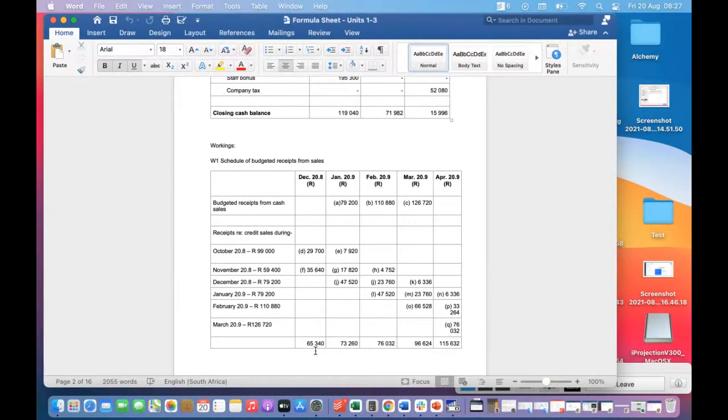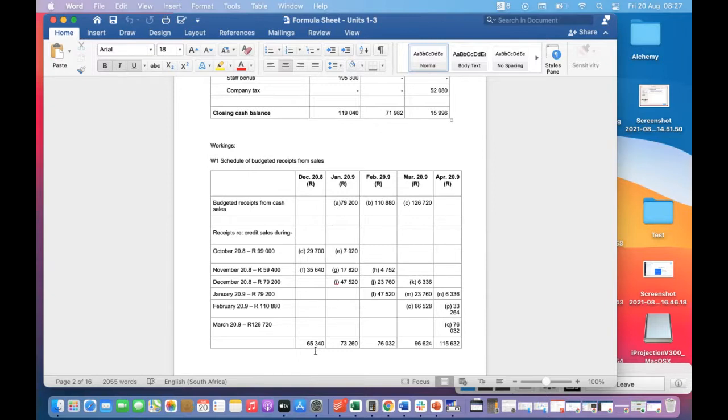But otherwise, it's tedious in that it can be long, but the good part is in your test or exam, they won't make it long, because obviously you need time to do other questions. Once you get this right, you're home and dry. Because now you know, from October, November, and December, this is the money that we can expect coming in from our debtors for January.